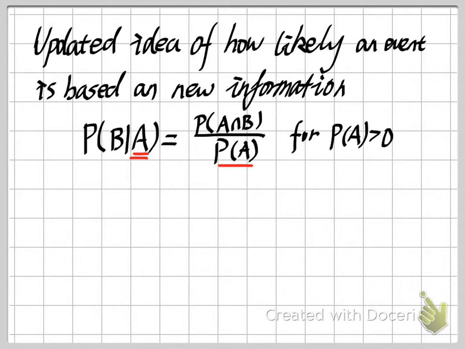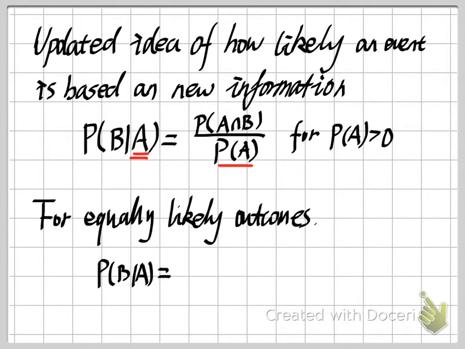In our last video, we introduced equally likely outcomes when we defined probability. If in this sample space we also have equally likely outcomes, then the formula for the probability of B given A becomes simpler, because for equally likely outcomes the weight for each outcome is 1 over n, where n is the total number of outcomes in our sample space.